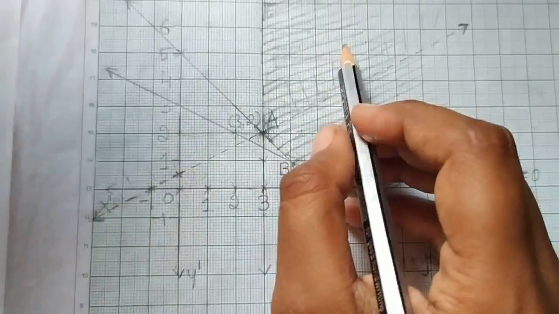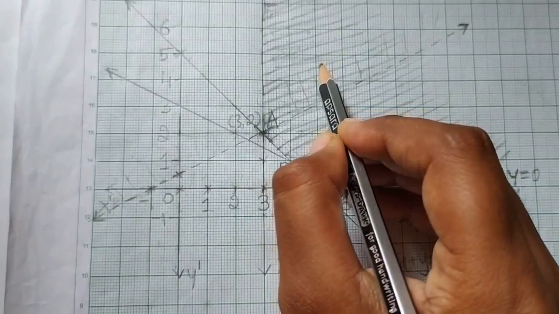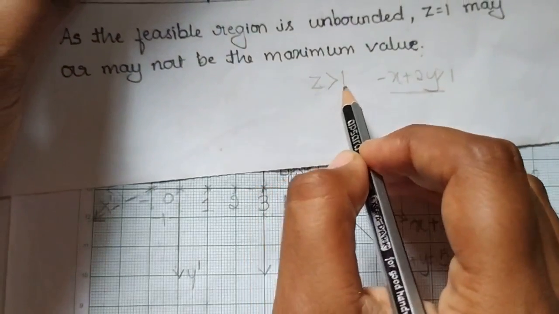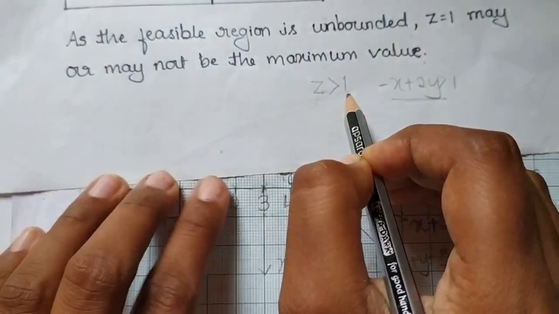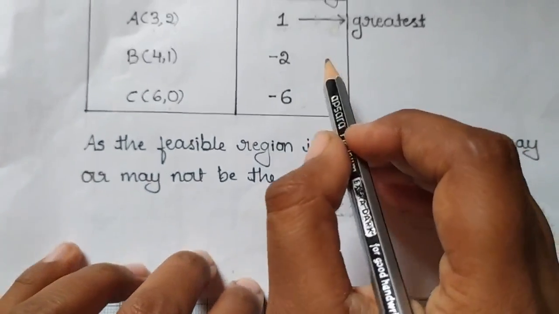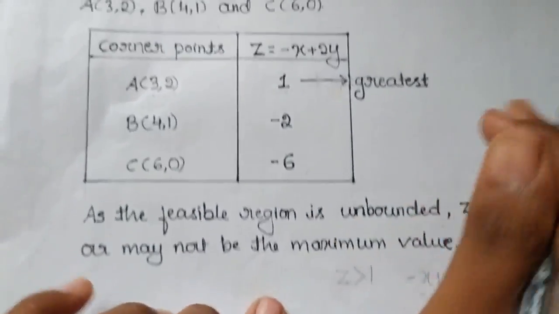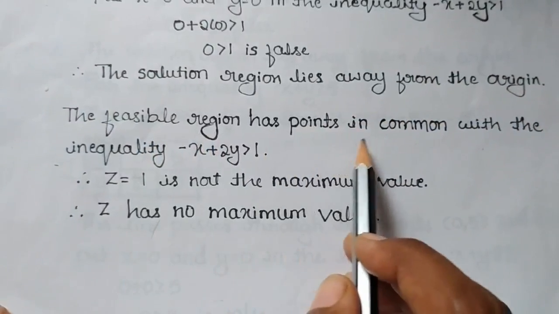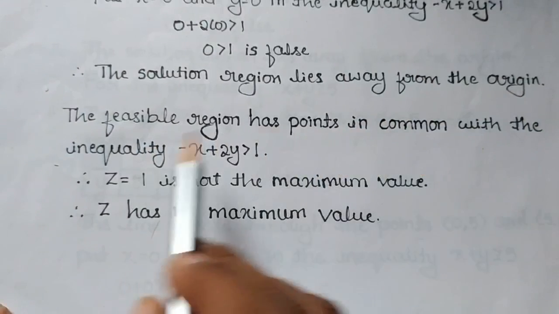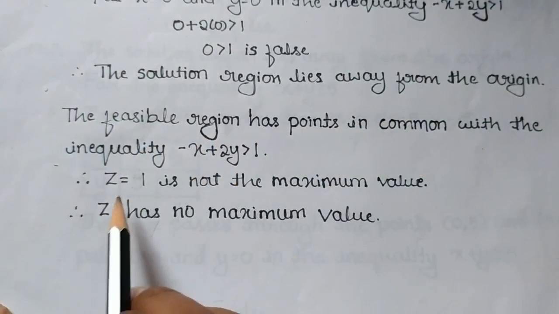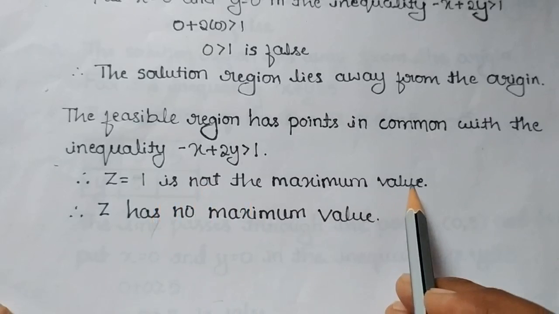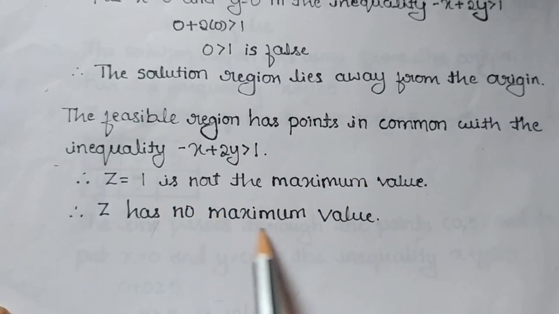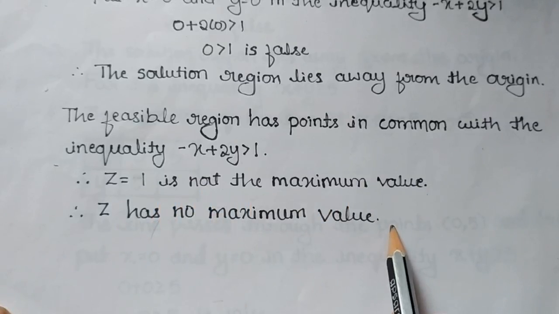That is, there exist points in the feasible region for which the value of z can be greater than 1 also. So, 1 is not the maximum value of z. And we conclude that the feasible region has points in common with the inequality. Therefore, z equal to 1 is not the maximum value, and hence z has no maximum value.